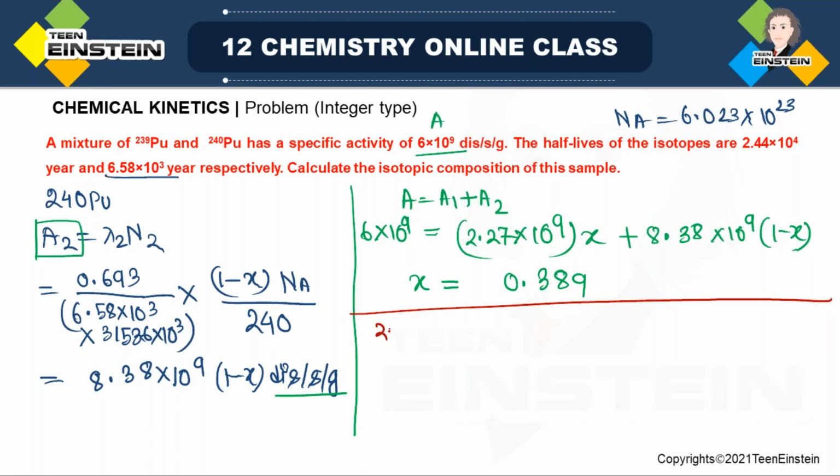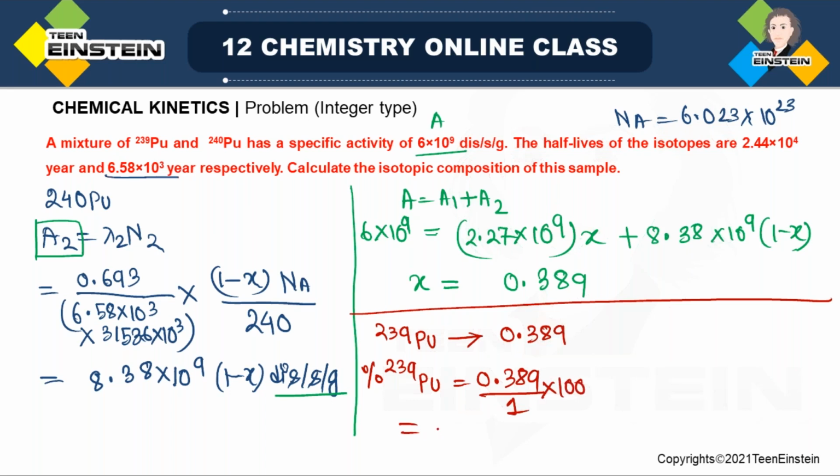We know this is 239 Pu, so this is the amount of 239 Pu, 0.389, and the total is 1 gram. So the percentage of 239 Pu will be 0.389 divided by 1 multiplied by 100, which is 38.9. That means it is almost 39%. So if 239 Pu is 39%, obviously the percentage of 240 Pu will be 100 minus 39, 61.